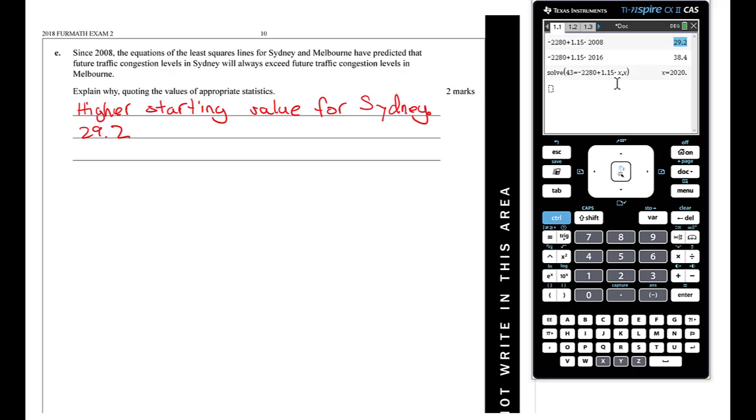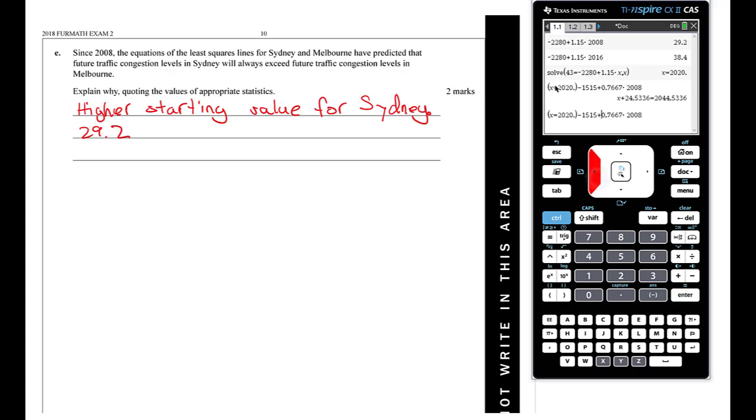And if we do this same thing with Melbourne, so if I go minus 1515 plus 0.7667 times 2008, that'll give me 24.5.